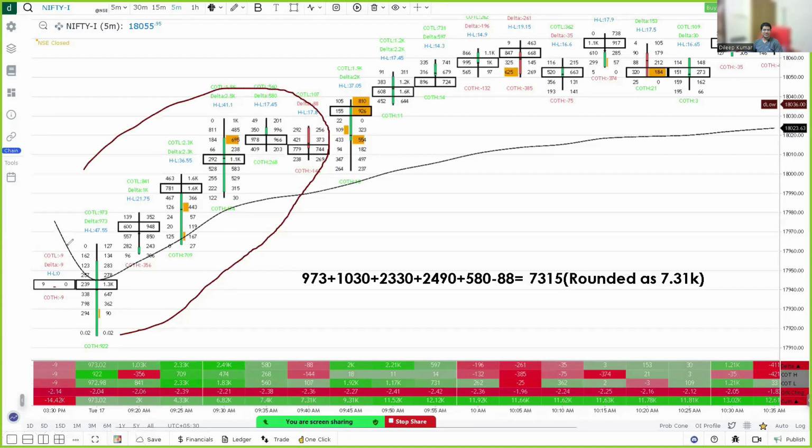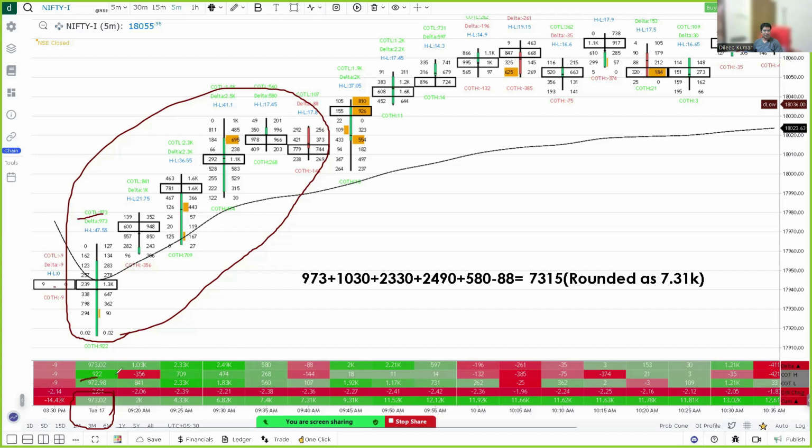So up to this point, it has formed the first 30 minutes we saw in the first slide. All these 6 candles form the first 30 minutes of this Tuesday. In the first candle we have a COT low of 973.